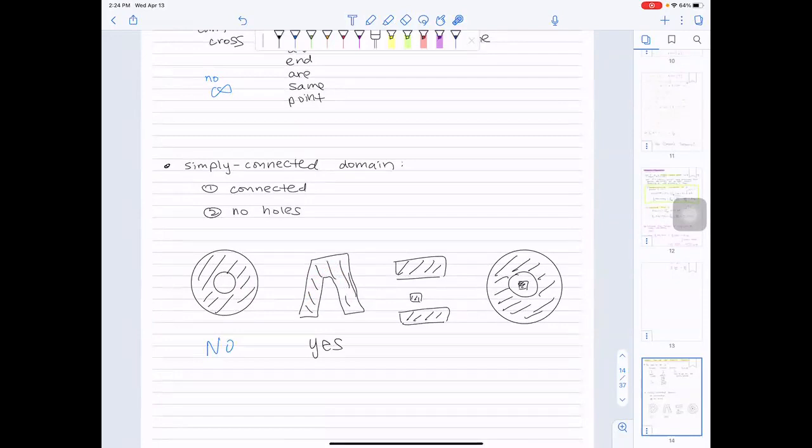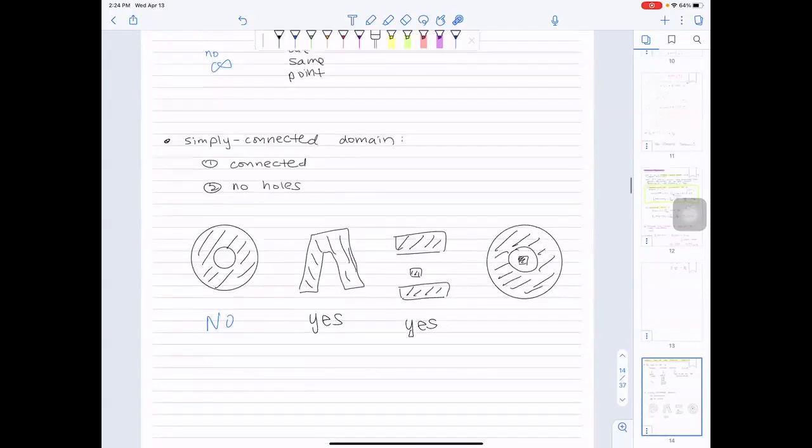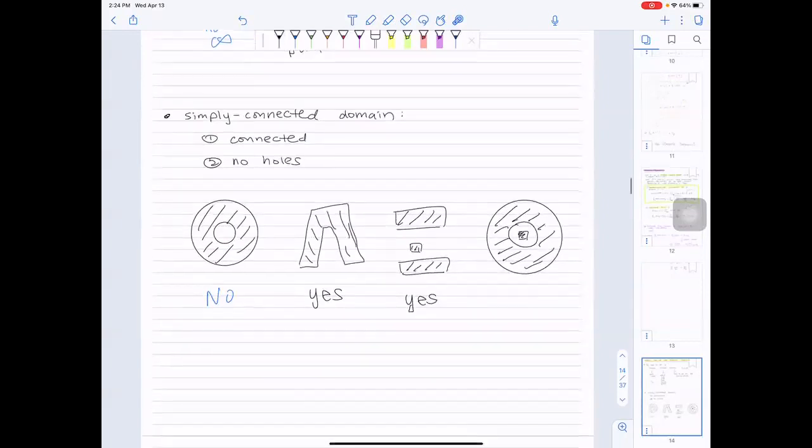What about the third one? If you think it's no, raise your hand, and if yes, raise your hand. Okay, great. Even though it looks like there are blank spaces, if you imagine lassoing the three pieces together, you get this shape that is connected and has no holes.